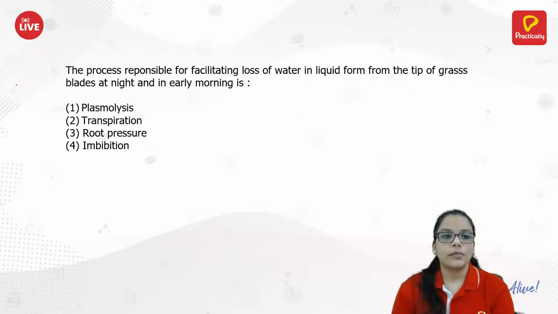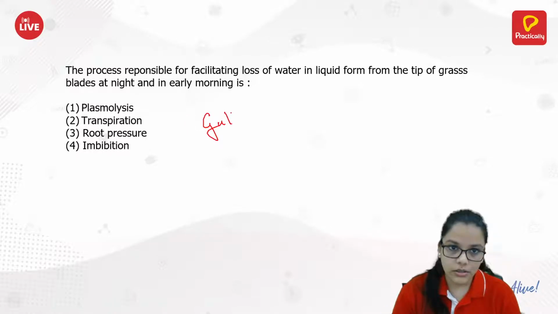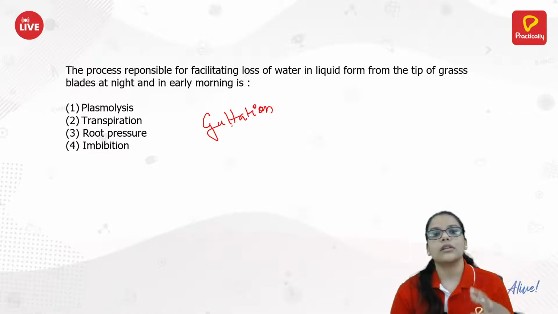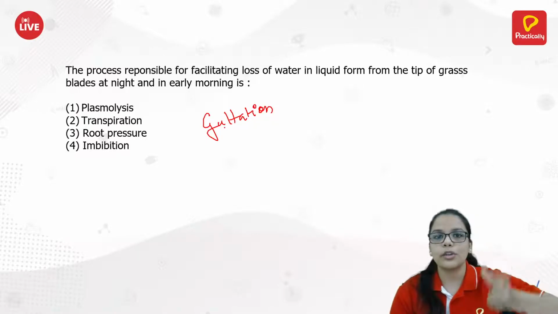Okay. The process responsible for facilitating loss of water in liquid form from tip of grass blades at night and in the early morning, this process is called guttation. Okay, where the water is lost, it happens due to root pressure.